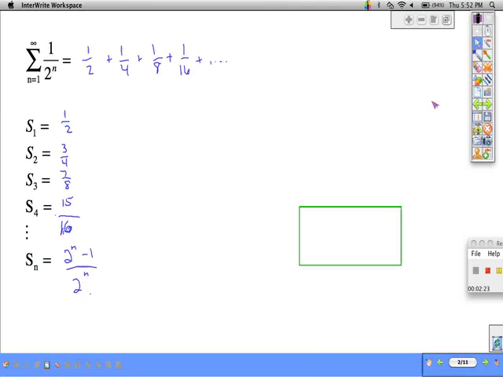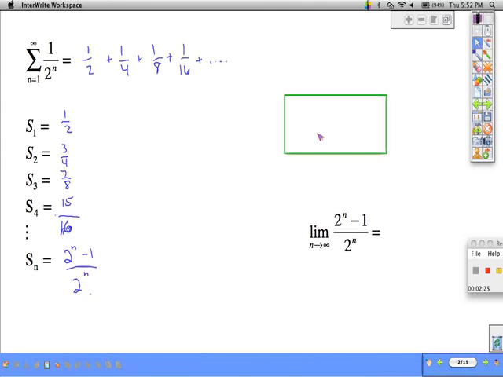So what we now want to know is, what is the limit of this nth partial sum as n goes to infinity? You should be able to see that this limit is equal to 1.